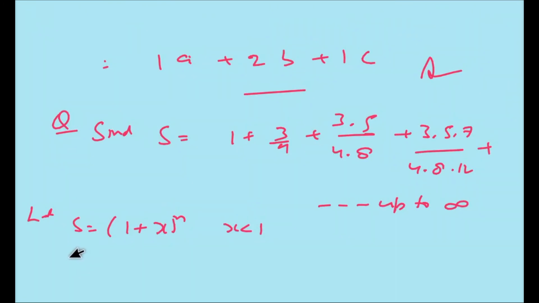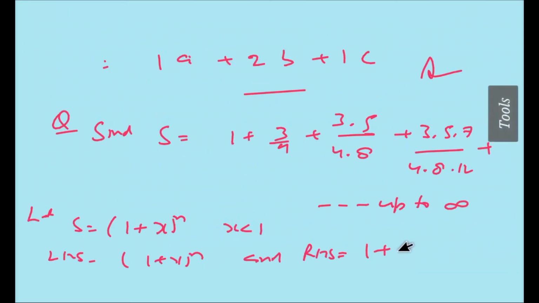So we can get LHS equal to (1 plus x) to the power n, and RHS is equal to 1 plus nx plus n into (n minus 1) upon factorial 2 x square and so on. Now comparing this nx and this one, what we find here?